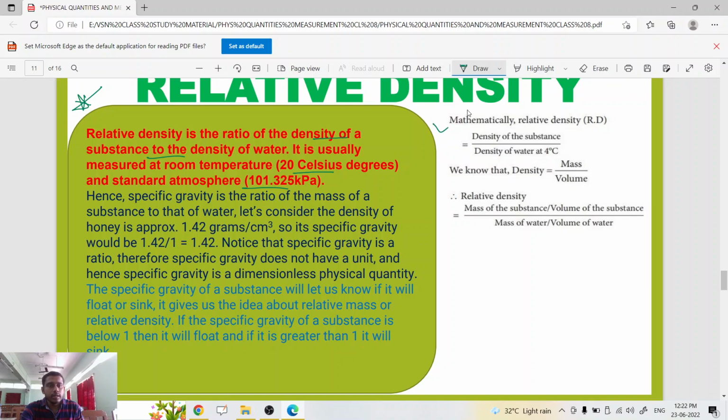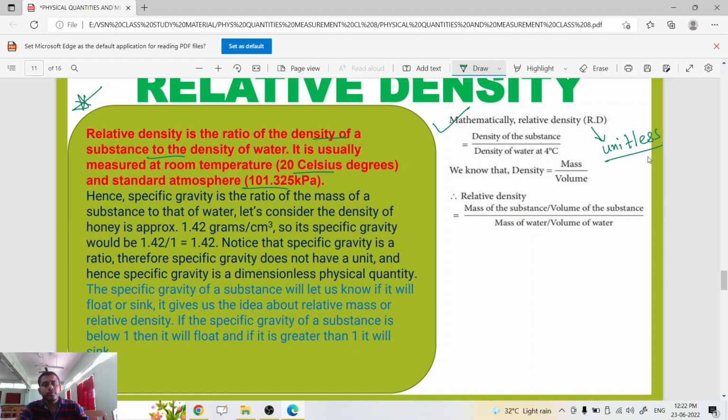Here you can see mathematically, relative density is equal to the density of a substance divided by the density of water at 4 degrees Celsius. Now as it is the ratio of two densities, it is unitless. Relative density is a unitless quantity. Now we know the meaning of density: density means mass divided by volume.